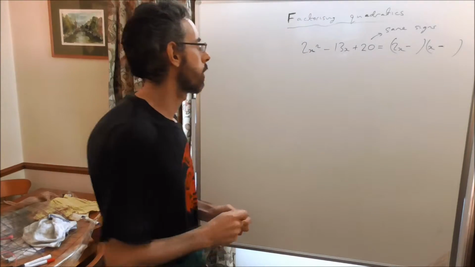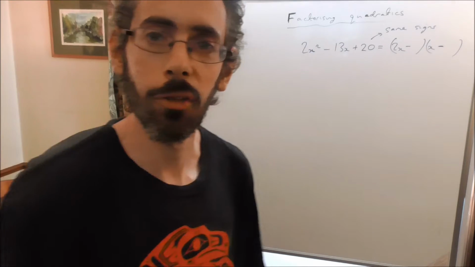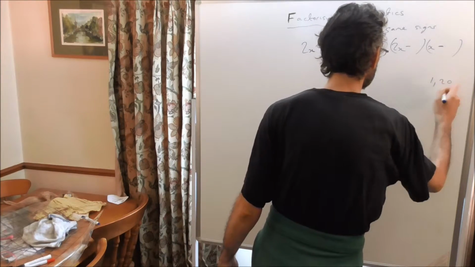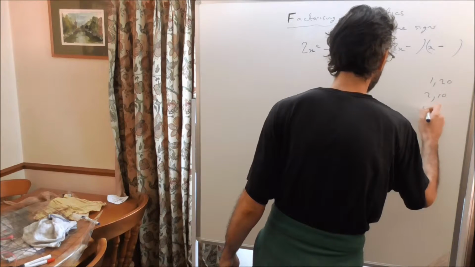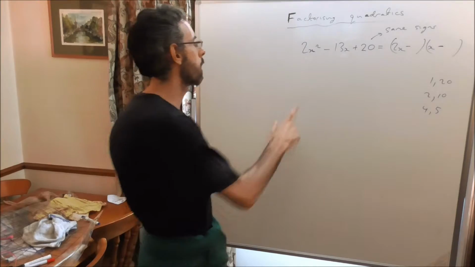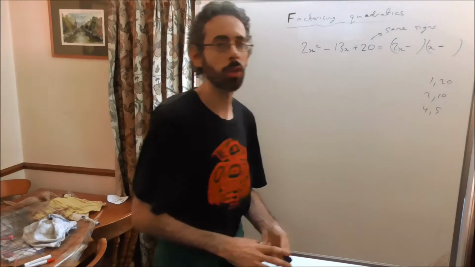Now we can just focus on finding pairs of numbers with a product of 20. So let's list the possible pairs. Could be 1 and 20, could be 2 and 10, or could be 4 and 5. We've got minus 13x here, so this time we're looking for a pair with a total of 13.